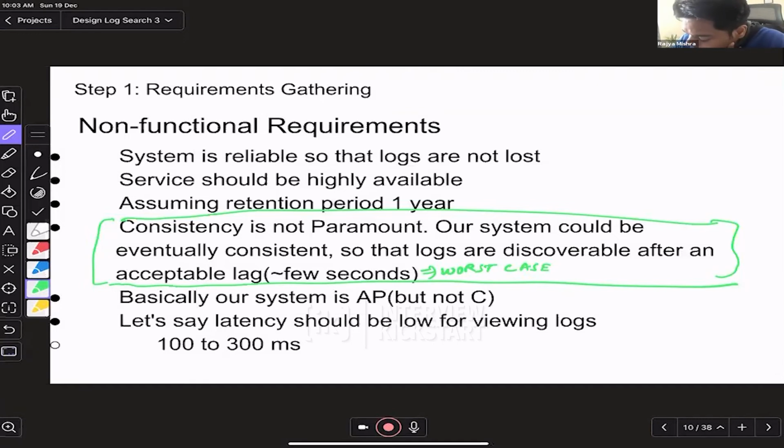But I would expect that after 2, 3, or 4 seconds, I should be getting consistent logs from everywhere. That's why we are saying the consistency is not paramount. This gives us some wiggle room so that we can play with our choice of database.